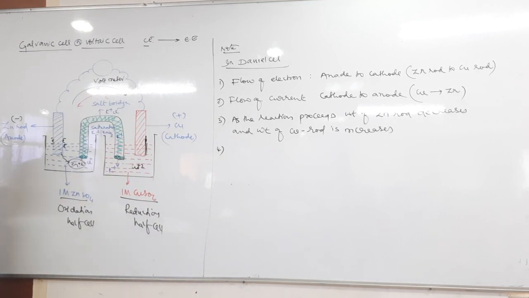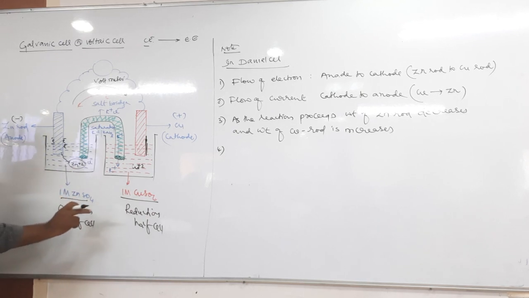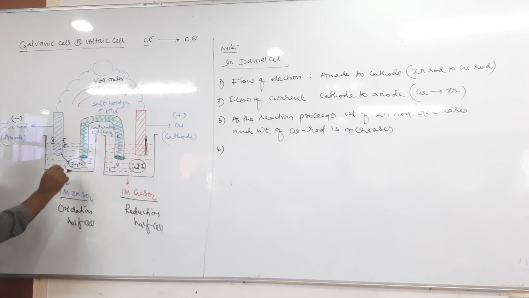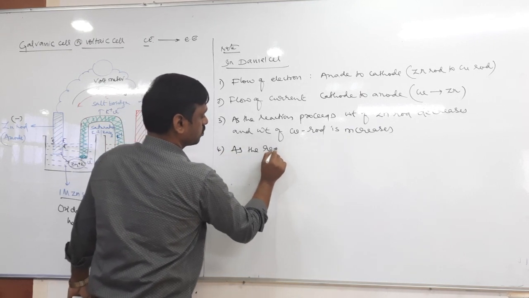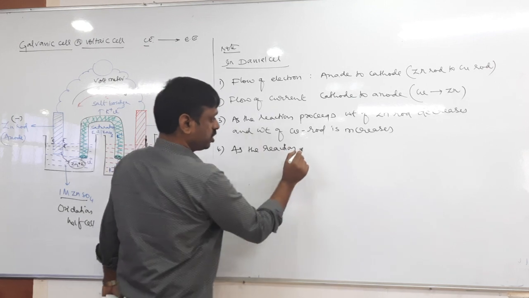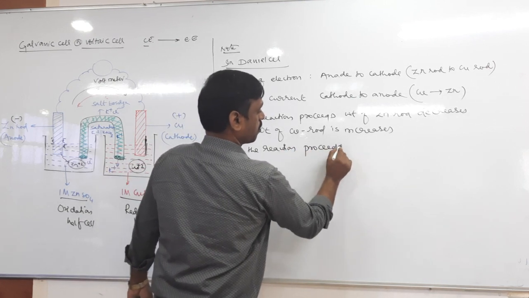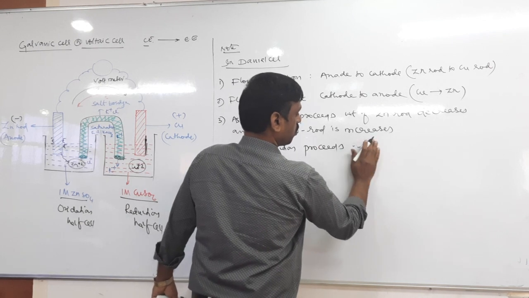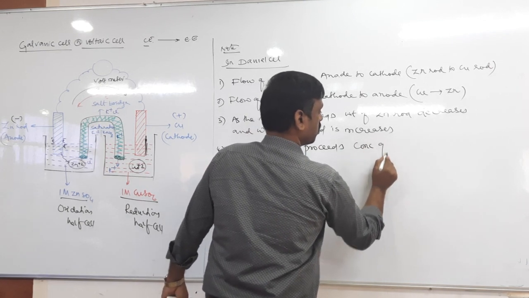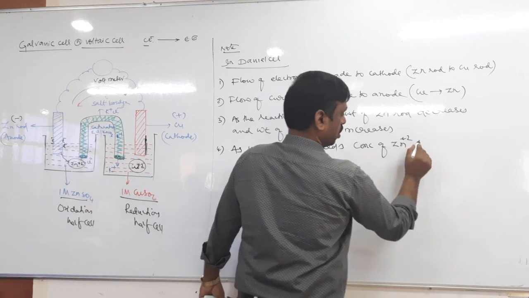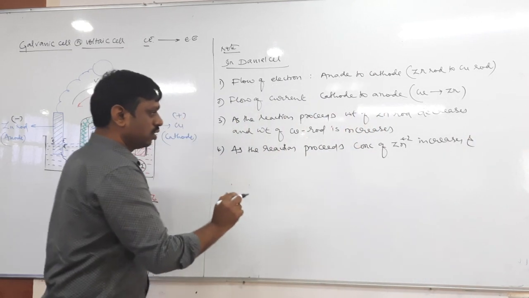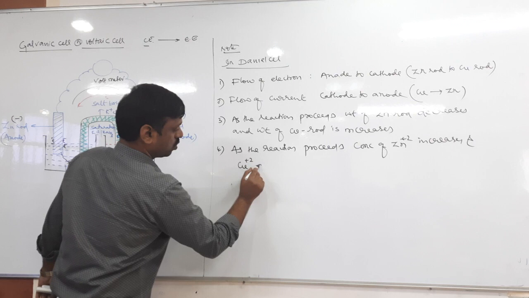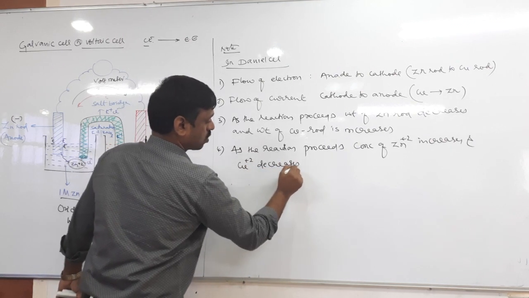As the reaction proceeds, what happens to the concentration of Zn2+ and what happens to the concentration of Cu2+ ion? The concentration of Zn2+ increases and the concentration of Cu2+ decreases.